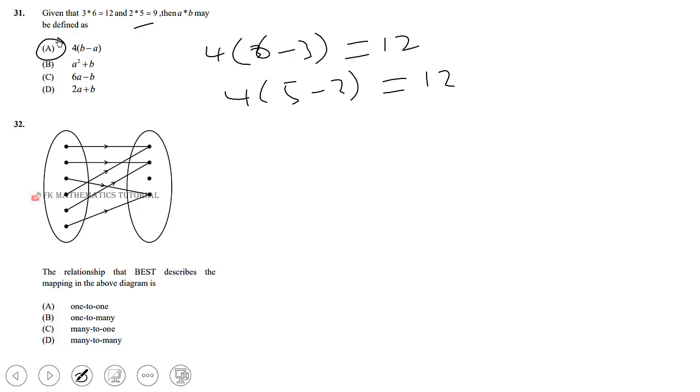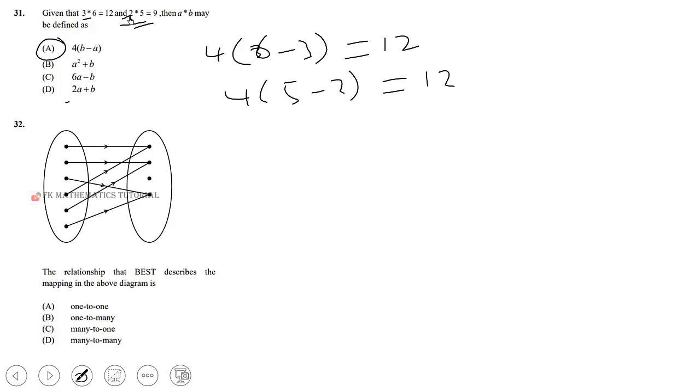When you check the others, it will not be correct. If you put 3 here, you get 2 times 3, that will give you 6, plus 6 is 12. Now when you put the 2 and 5 here, you get 2 times 4, which is 8, plus 5, which is 13, which is not correct.